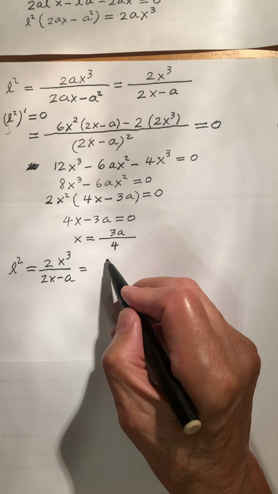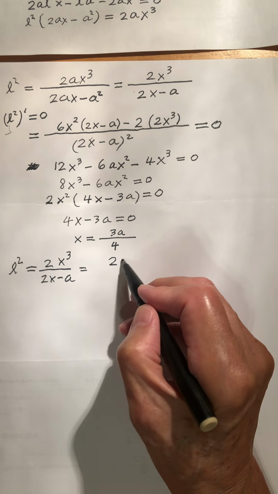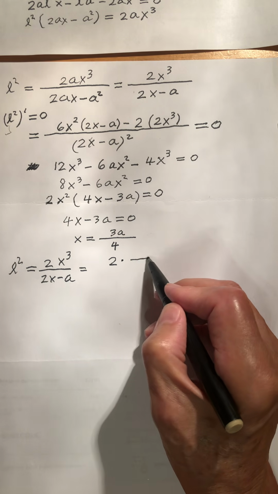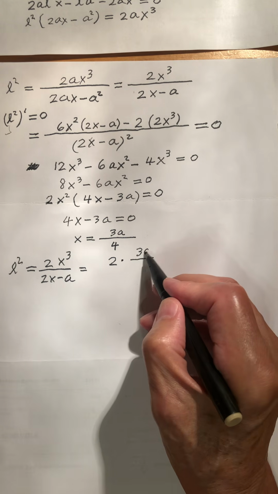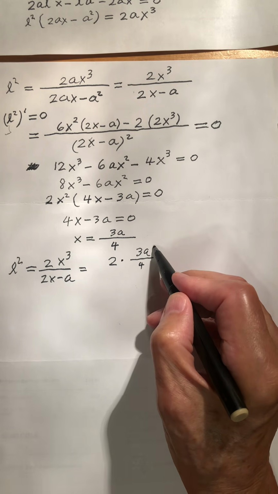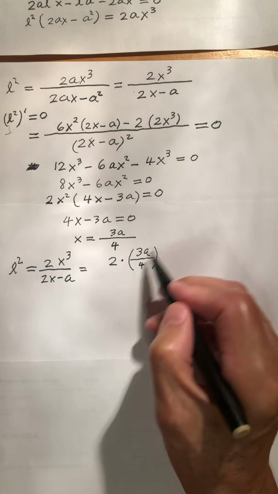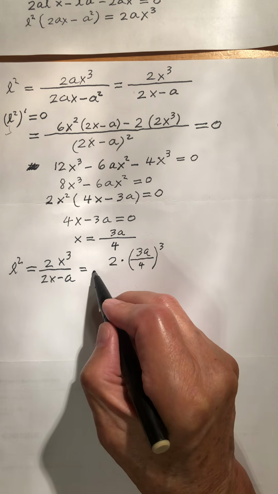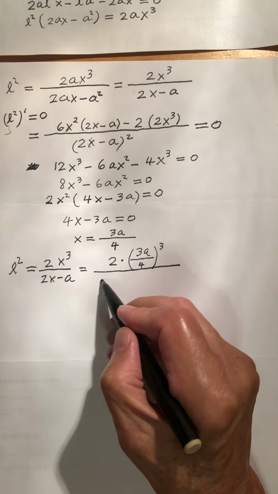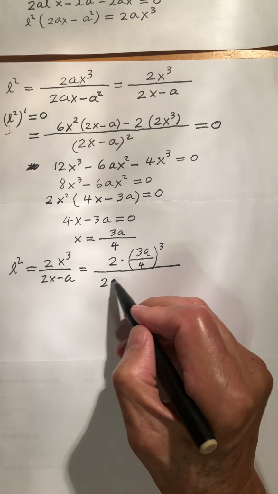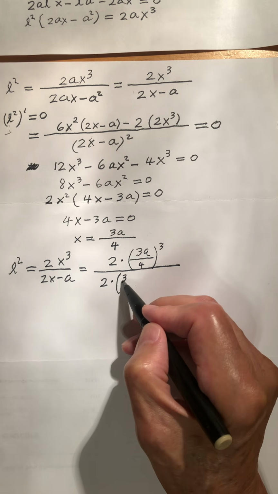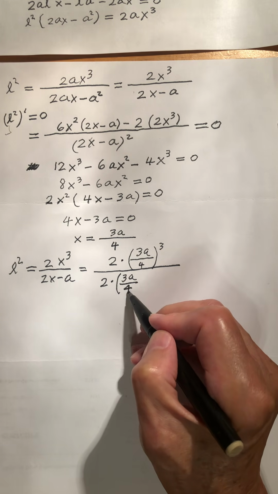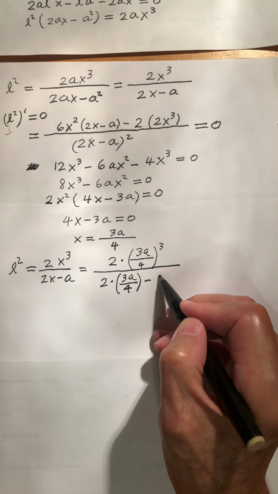Now I have 2x cubed over 2 times x minus a.